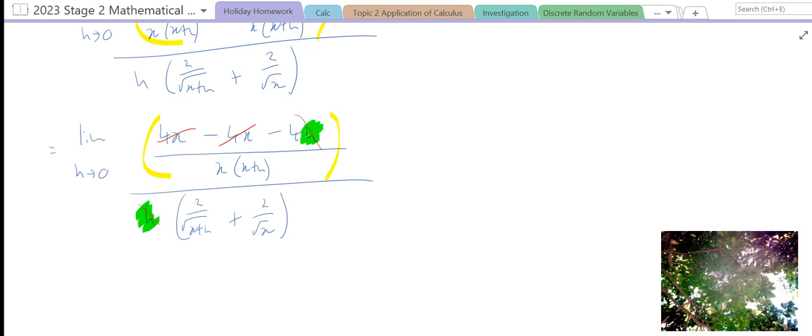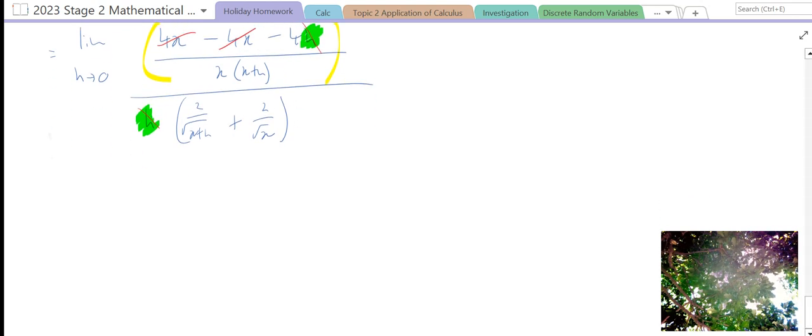So that goes and that goes. Now what we're left with is the limit as h goes towards 0 of minus 4h over 2 on root x plus h plus 2 on root x.